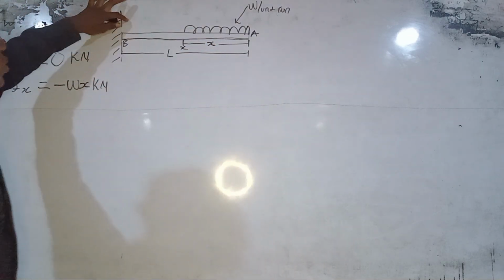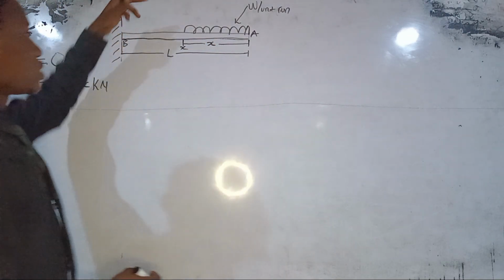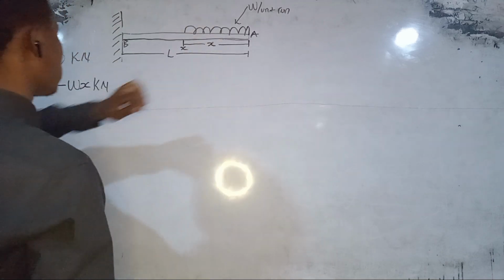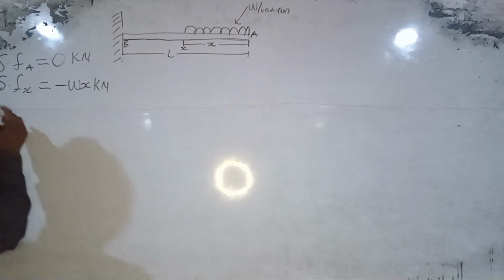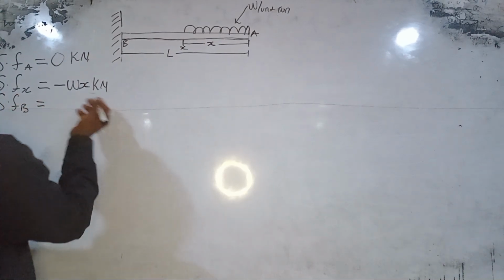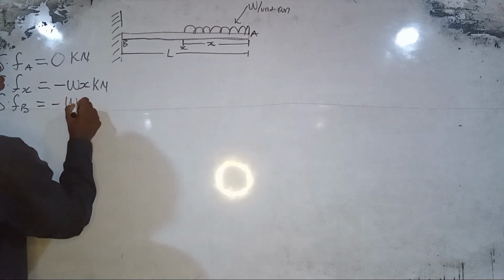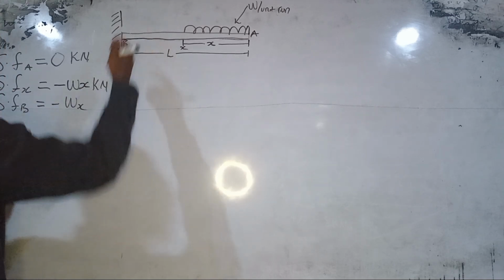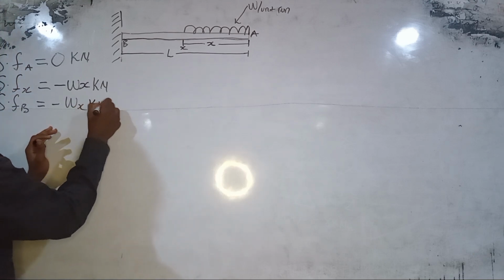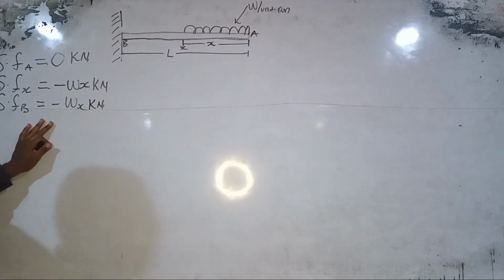Then our shearing force at B, since there is no other extra load added at this point, will still be minus W times X kilonewton because there is no extra load there. That will be our shearing force.